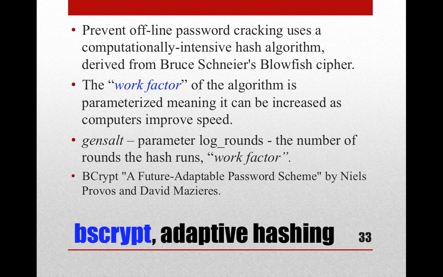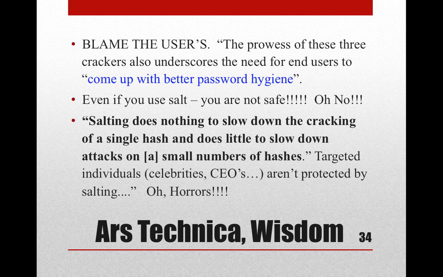I had mentioned work factor earlier, but these are parameterized, so you can change the value of those parameters. And this I think I got from Java. You have log rounds, the work factor here, and this is the article by these 2 researchers for Bscript.